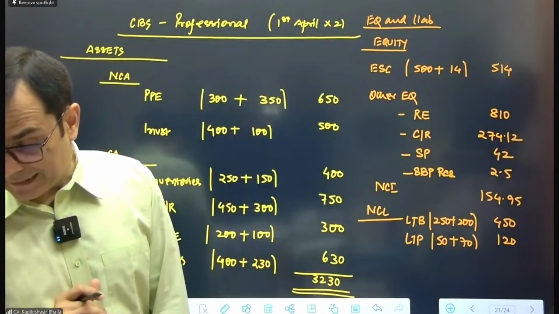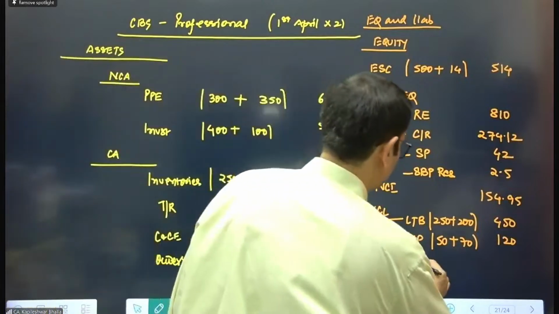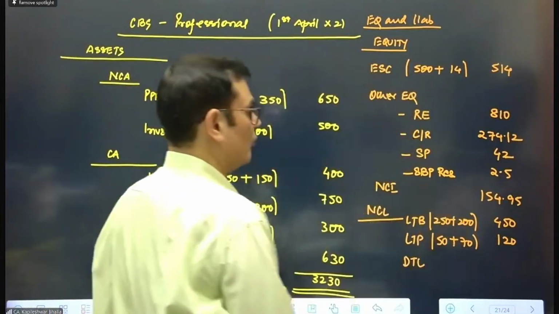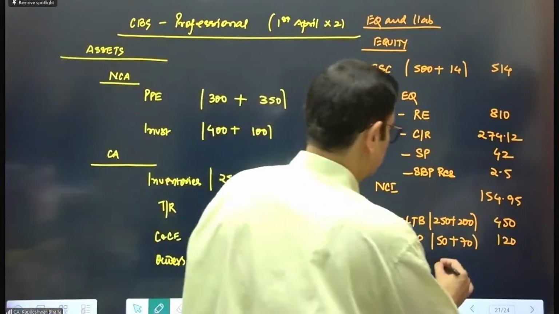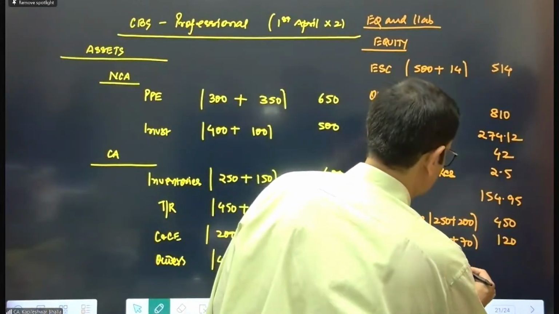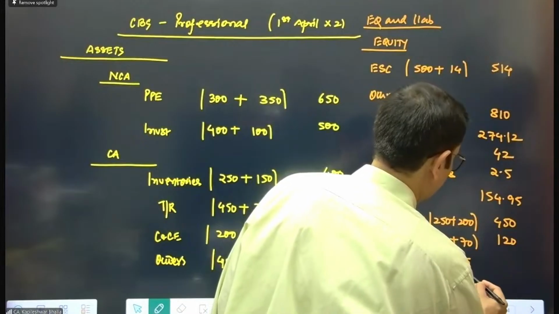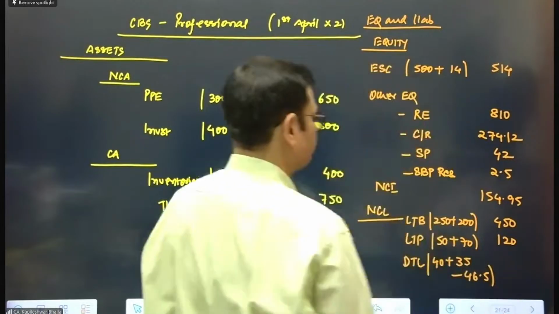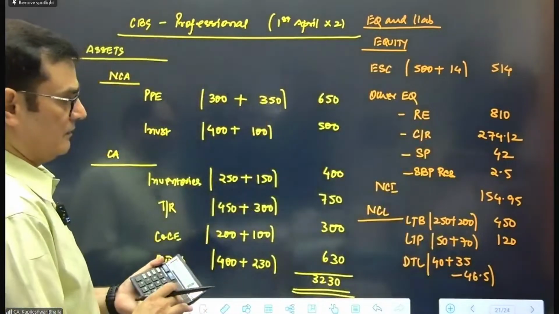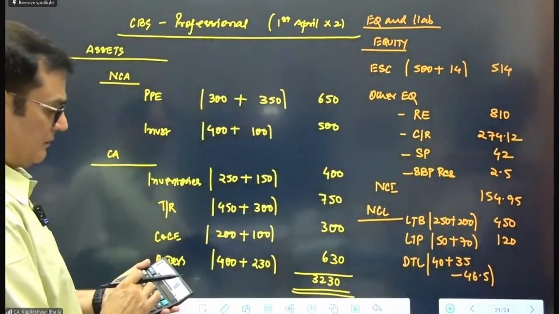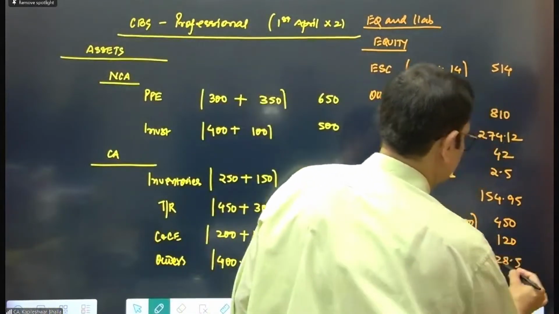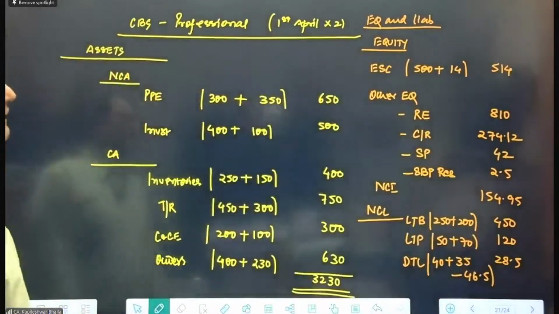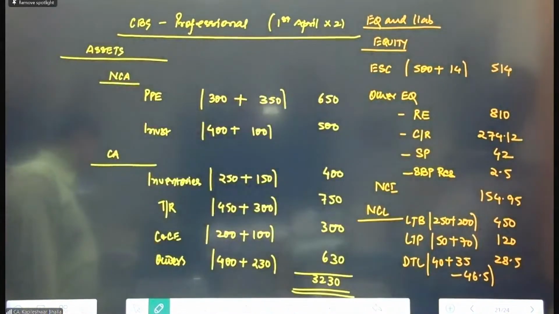Now let's consider DTL, the deferred tax liability after netting off the asset. So DTL is 40 as well as 35. And what was the DTA? 46.5, I think. So this is 28.5 of non-current liabilities. And then we can continue with the current liabilities as well.